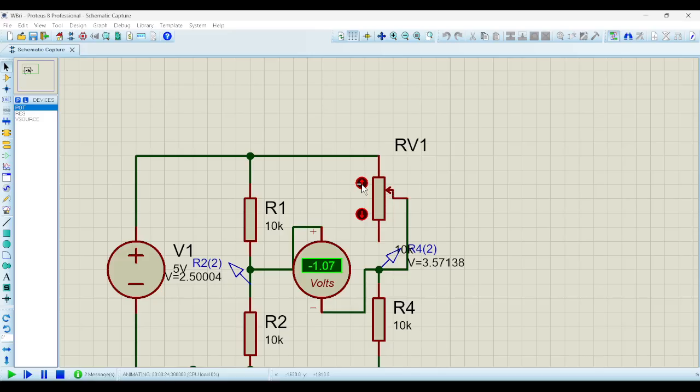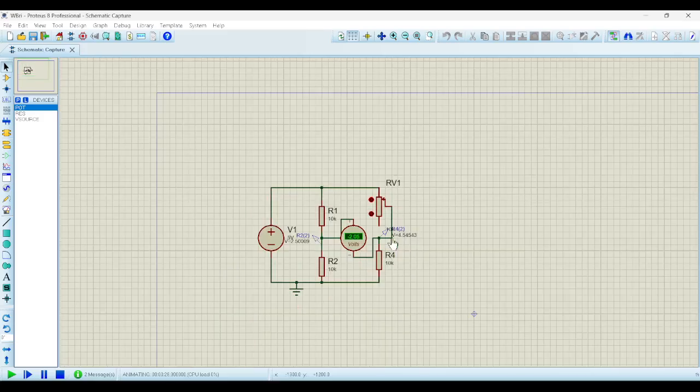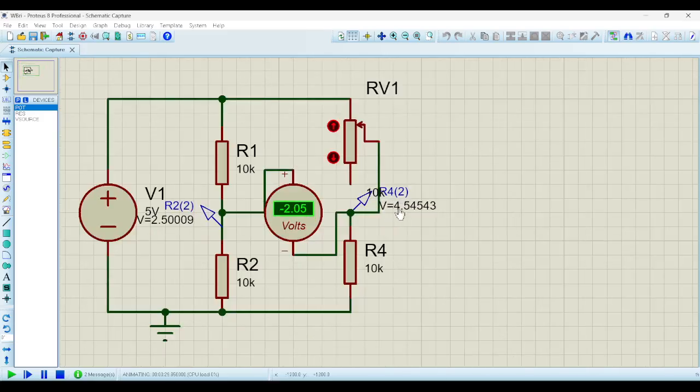So if we see here, when I have 0 ohms there, I have 4.5 volts. It's not 0, it's a little bit. I will get 5 volts when it's 0. Then as I am increasing, this voltage is decreasing. And this one remains the same, 2.5 volts. So when I get here to the 10K, now these two voltages are the same. So this is 0, right?